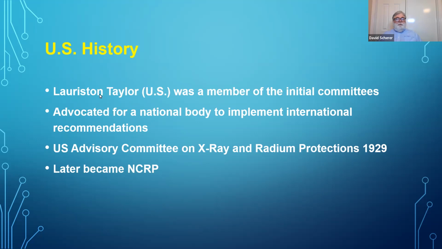So he was the leader for many, many years of this effort. The group that was formed in 1929 was the U.S. Advisory Committee on X-ray and Radiation Protection, and this later became the NCRP after a couple of name changes, which is the National Council on Radiation Protection and Measurements.